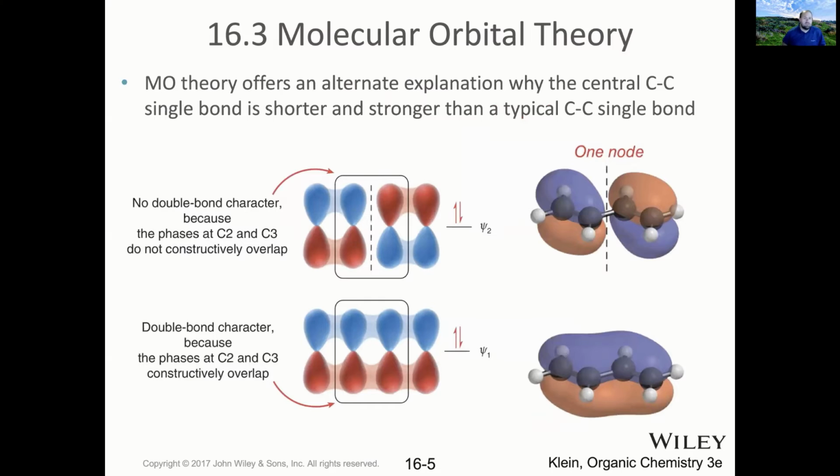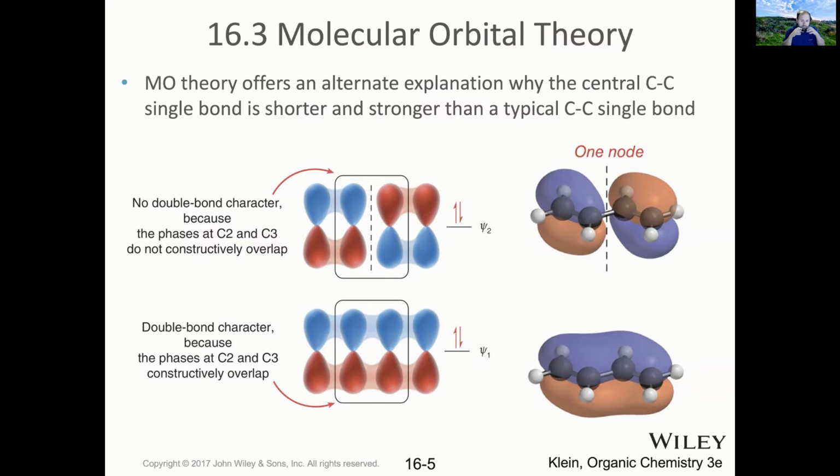What that also demonstrates is an explanation of why the central sigma bond is shorter and stronger than you would typically expect for a single bond or for a sigma bond. And the reason for that is there's some electron density that is located between those two carbon atoms that, at least when you just look at the bond line formula, you think is just a single sigma bond.